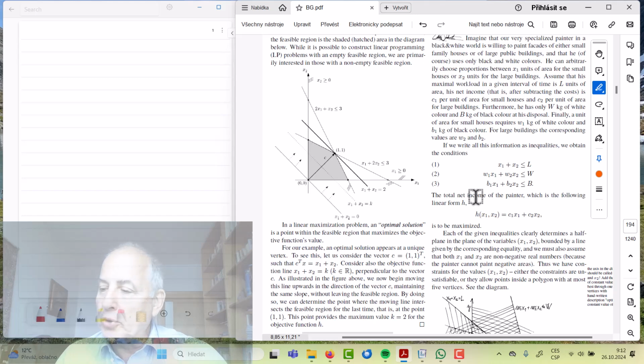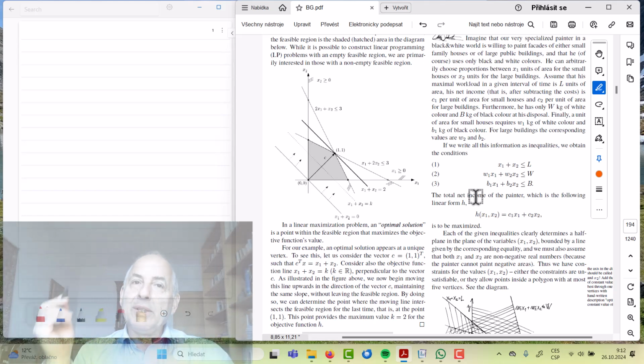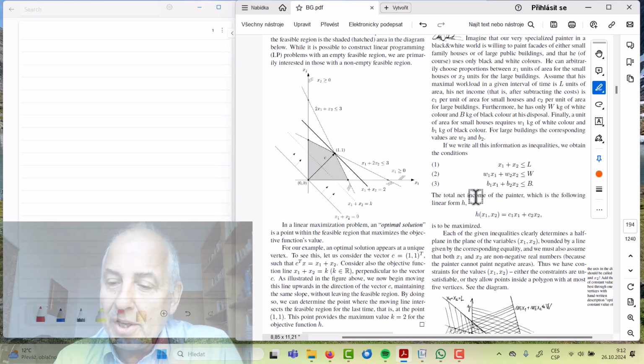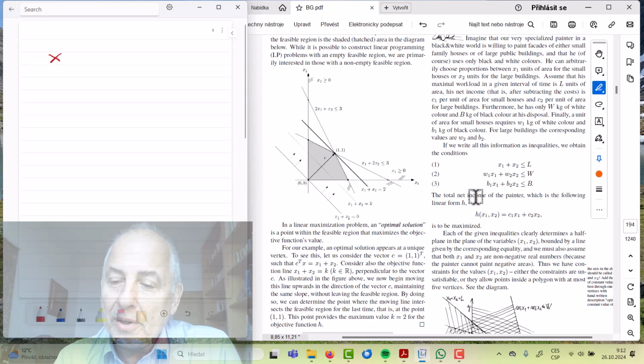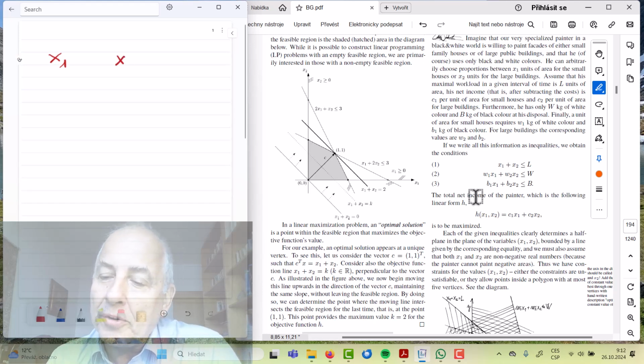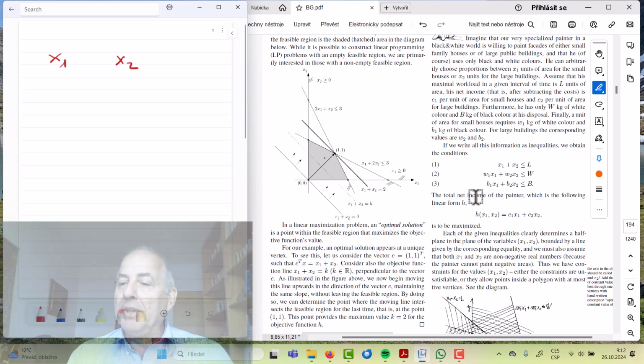So basically, the very first example in the book tells that you have a black and white wall painter, and he can decide that he would work either on small houses by private contracts, or on big buildings by public contracts, right?